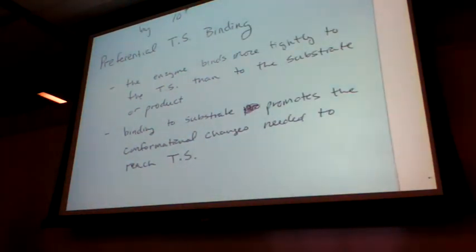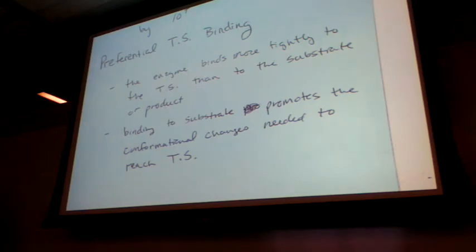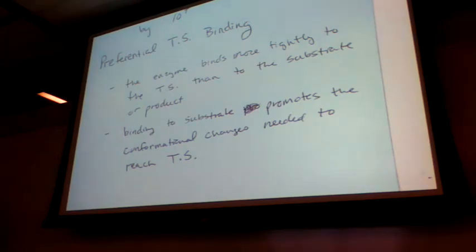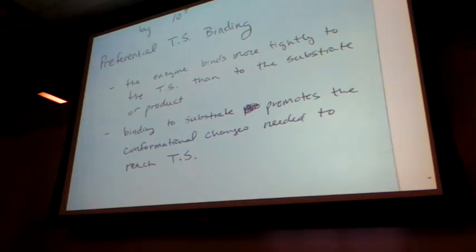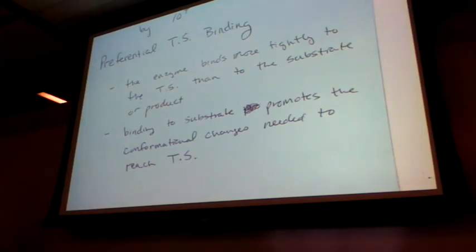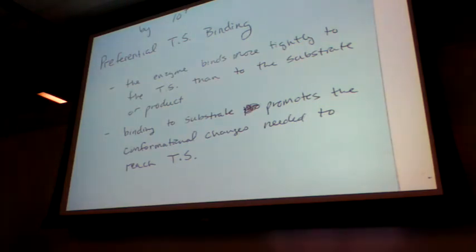So when the enzyme binds to the substrate, that affinity might be weak, but since the enzyme will bind tightly to the transition state, it will actually force the substrate to adopt the new structure, something that resembles the transition state. And that helps to push that reaction forward.